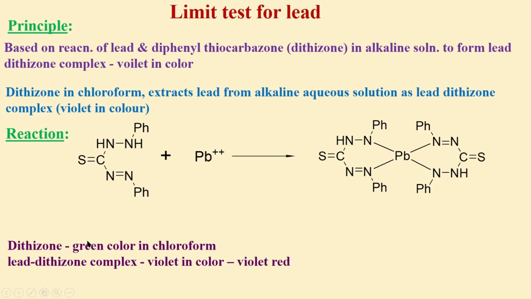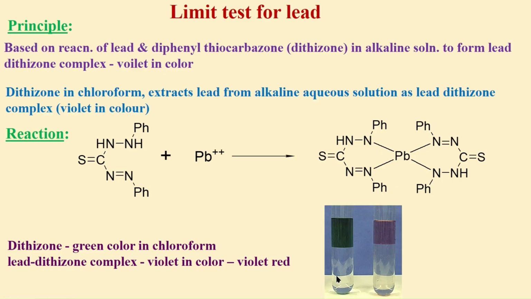The green and violet colors combine together to give a violet red color. First of all, the dithizone, when dissolved in chloroform, has a green coloration, which is shown here. When it extracts the lead into this chloroform layer from the aqueous layer, it gives a violet red color.